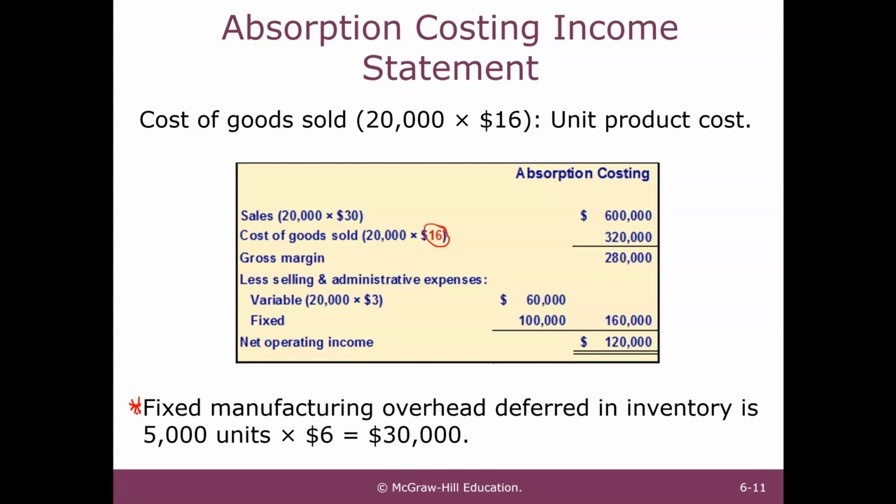The net operating income under absorption costing is $120,000. That is a difference of $30,000 from variable costing. So that difference is $30,000.